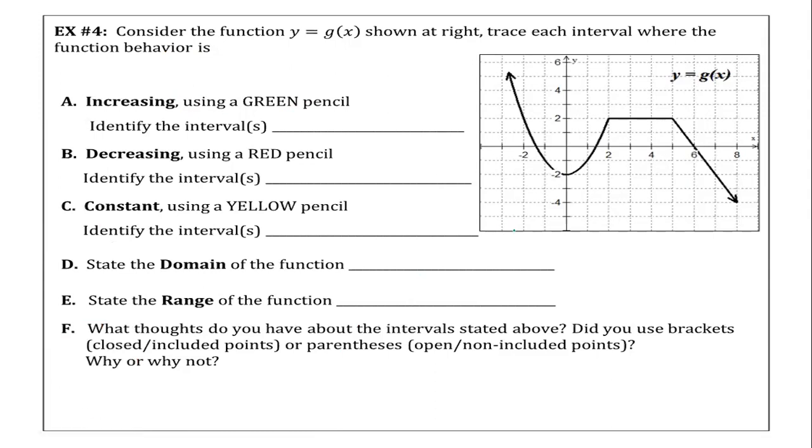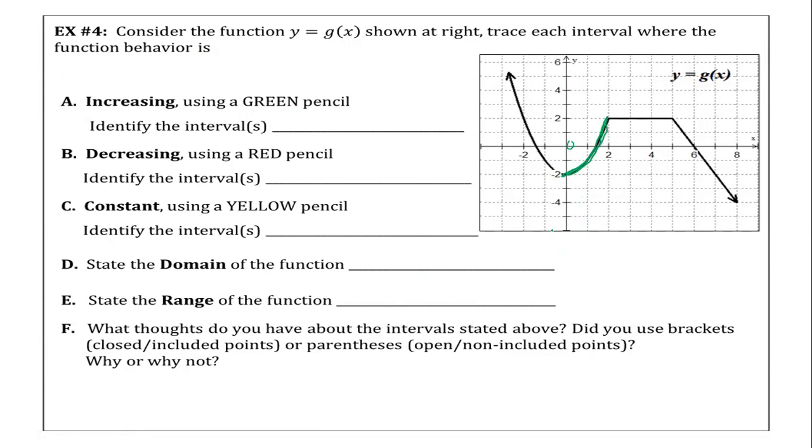Looking at this graph, where should it be green? You always define it by your x value. So the x here is 0, right? So from 0 to 2 is where I'm increasing.